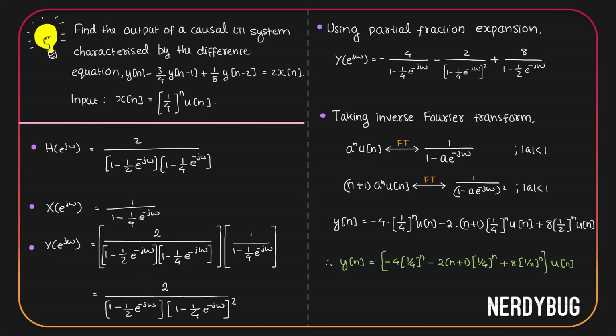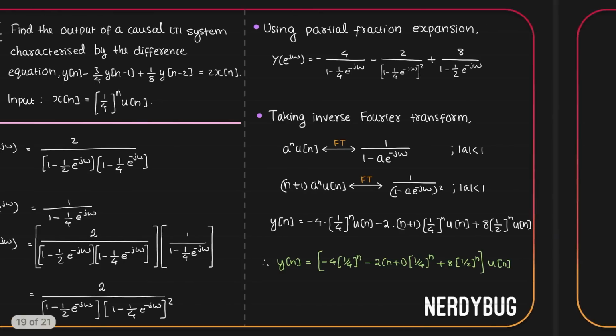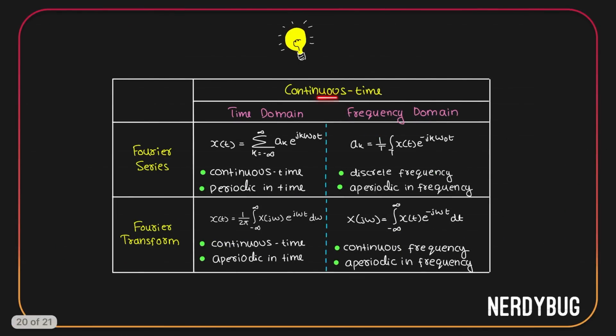So we learned continuous time Fourier series, continuous time Fourier transform, discrete time Fourier series and discrete time Fourier transform. Let us summarize everything. I'll take the continuous time versions first. In continuous time Fourier series, in the time domain, we have the synthesis equation x of t is summation from k equals minus infinity to infinity a k e raised to j k omega naught t.